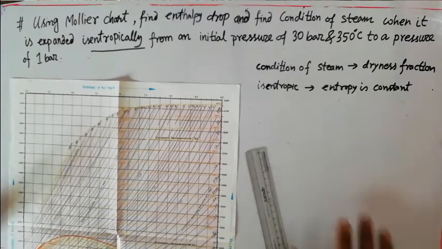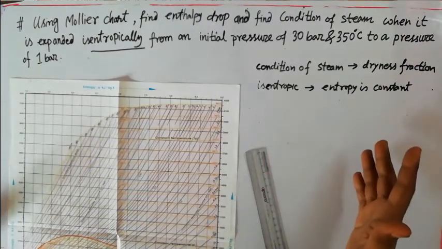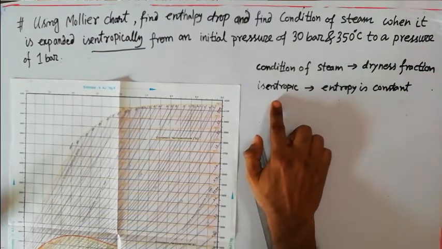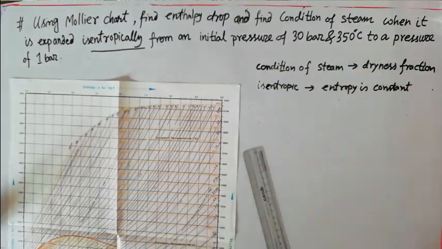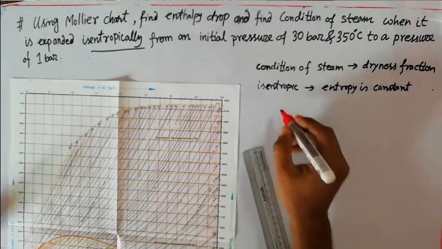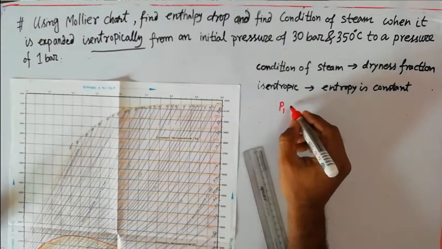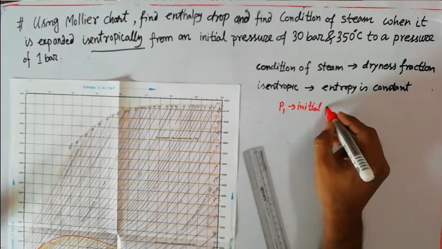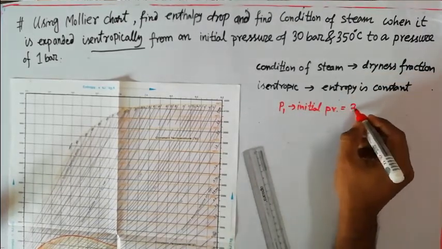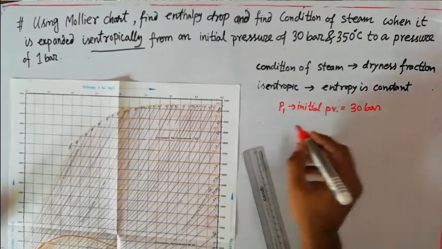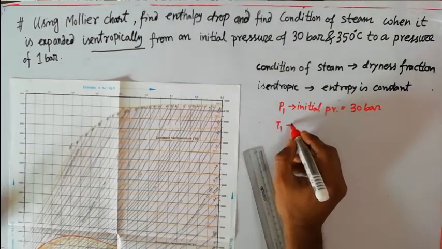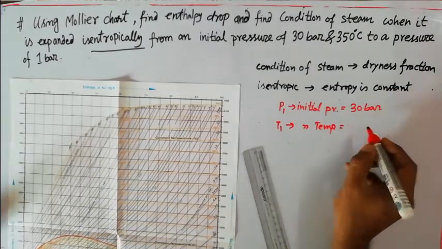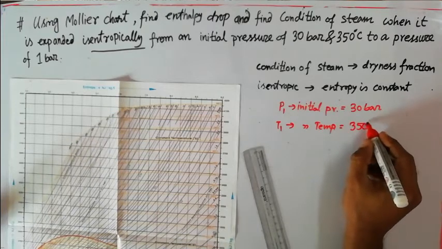Okay, so steam is being expanded by an isentropic process from an initial pressure, that is 30 bar. So if I name it P1, that is the initial pressure, given as 30 bar, and the temperature I am considering as T1, that is the initial temperature, and that is also given, 350 degrees centigrade.